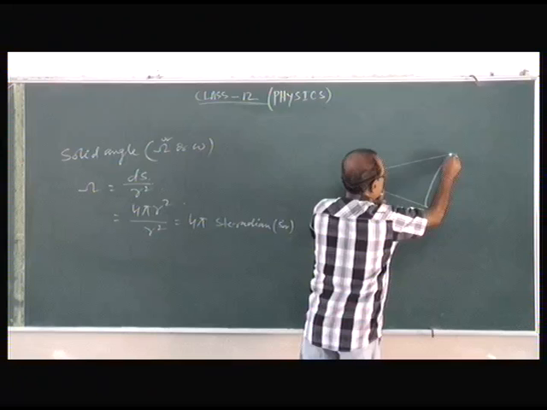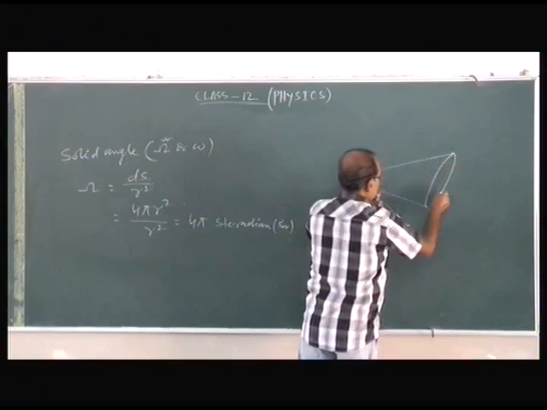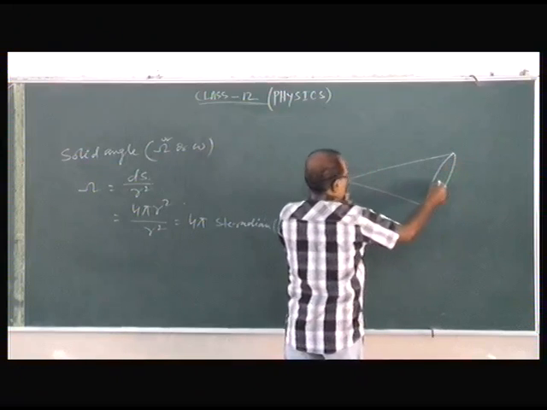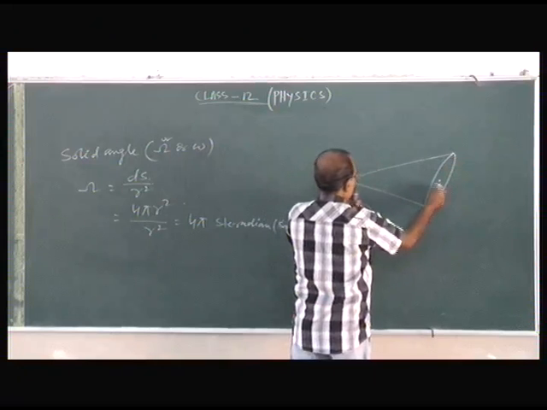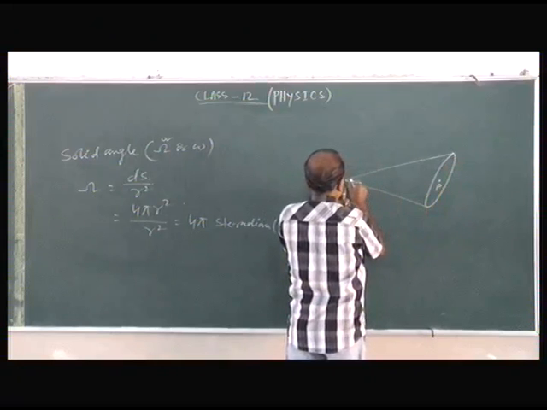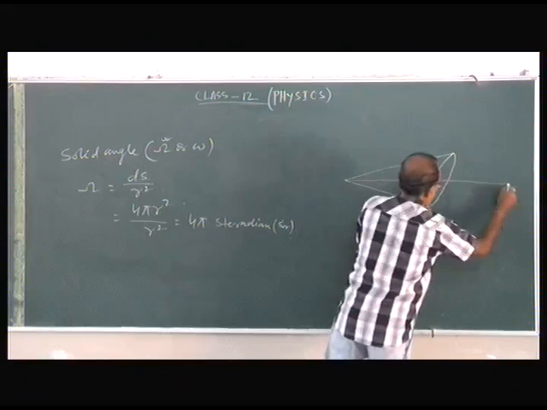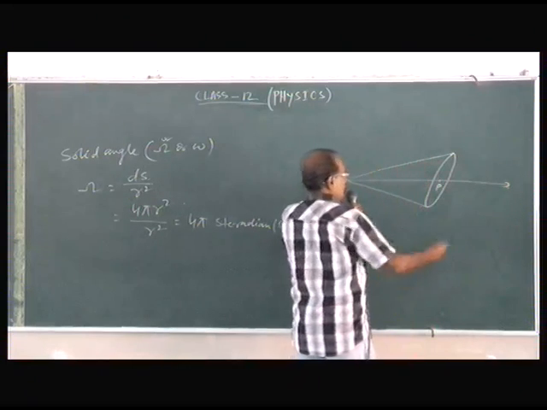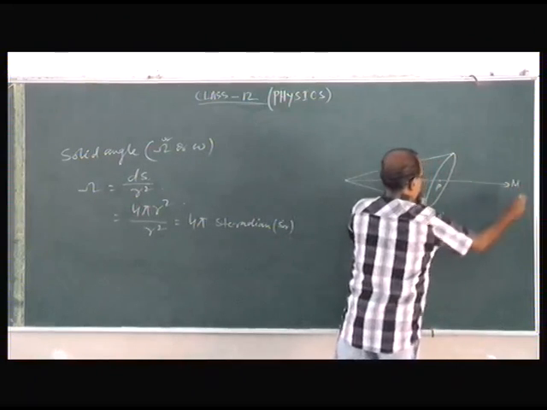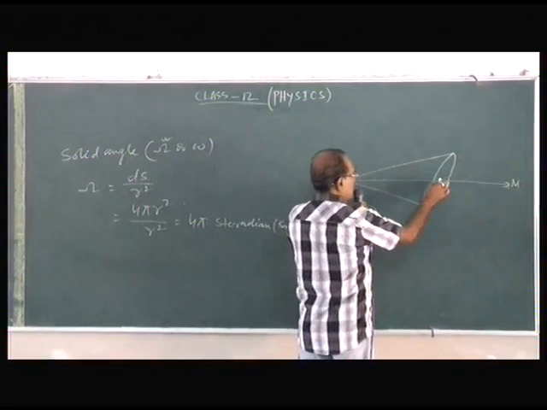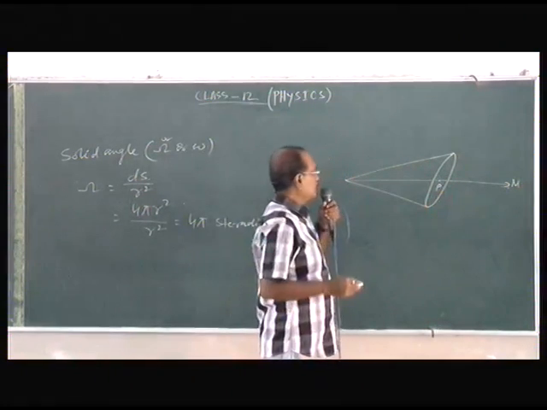Say the surface is in this way. This is point P, and the line joining this one, say it is M. That means PM is not perpendicular to the surface.